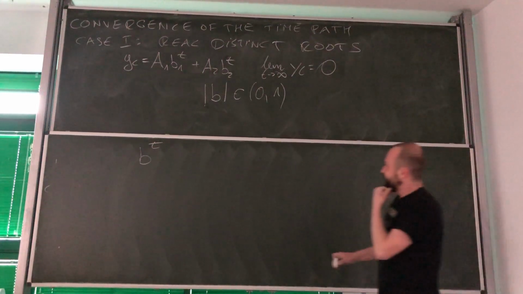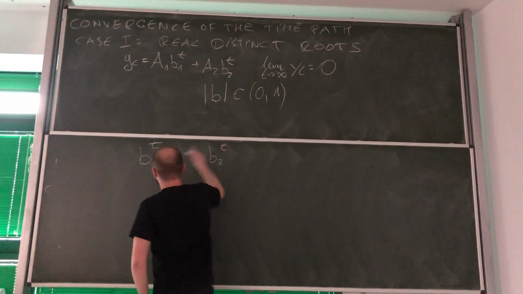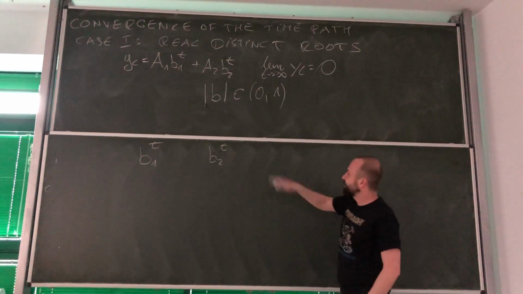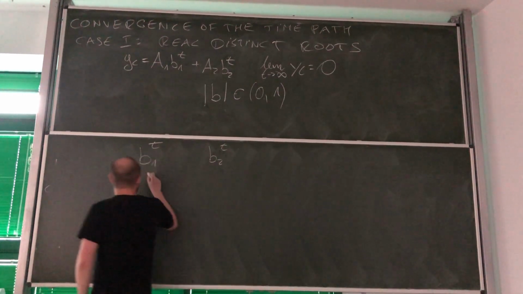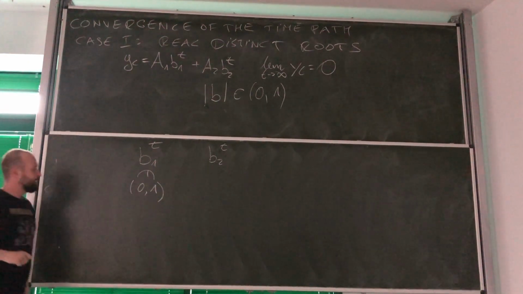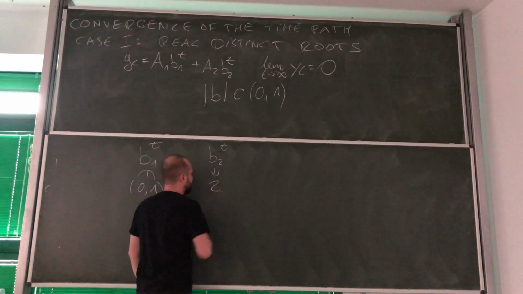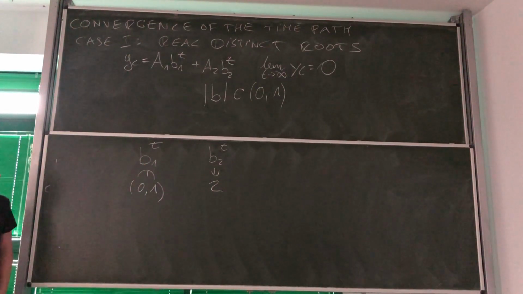However, look, what if we've got b1^t and b2^t, and let's just say now that this one is between 0 and 1. However, this one is equal to 2. What is going to happen then?